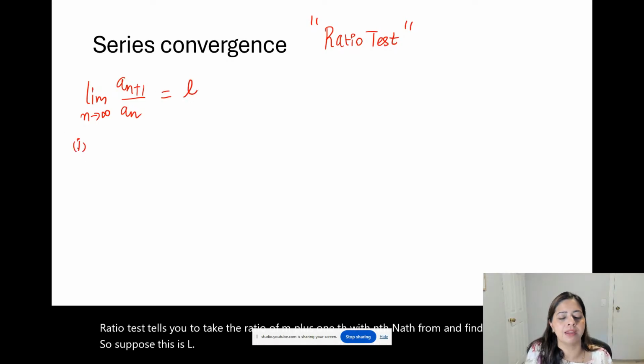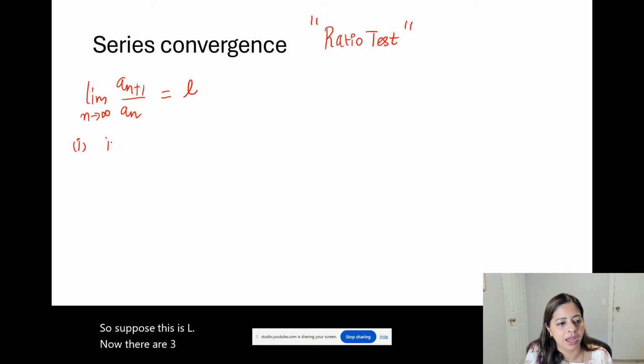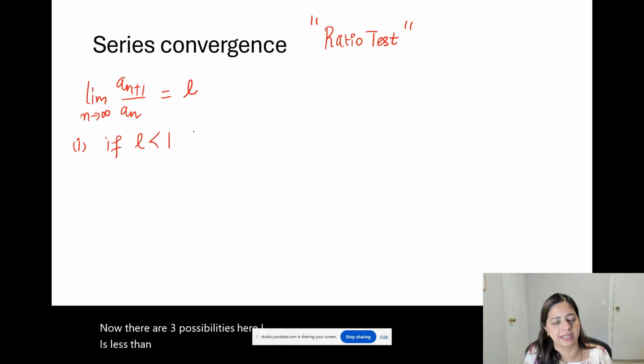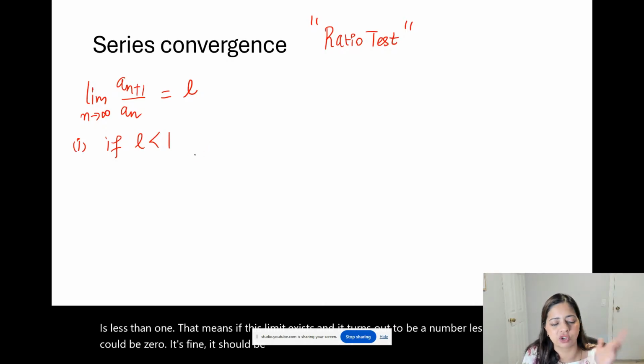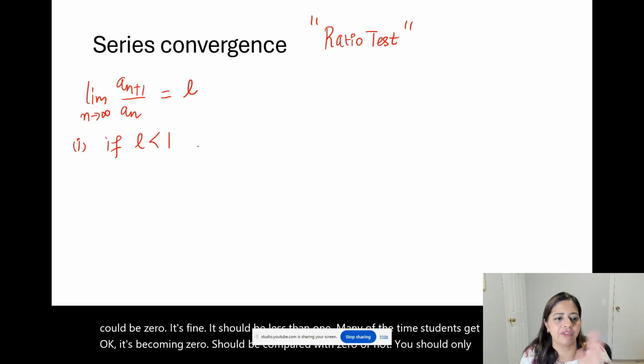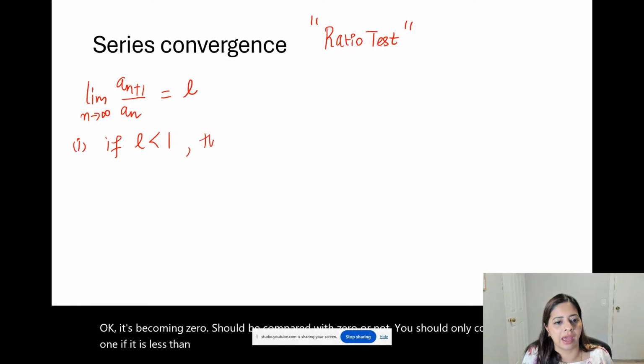Now there are 3 possibilities here. If L is less than 1, that means if this limit exists and it turns out to be a number less than 1, it could be 0, it's fine, it should be less than 1. Many of the times students get confused, okay, it's becoming 0, should we compare with 0 or not? You should only compare with 1. If it is less than 1, then the series is convergent.